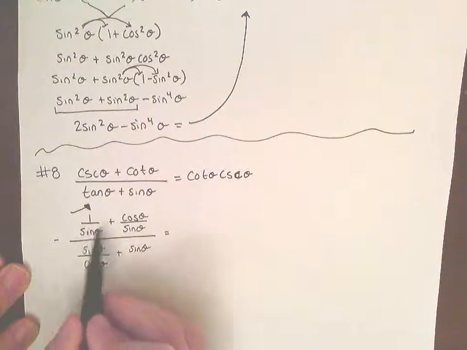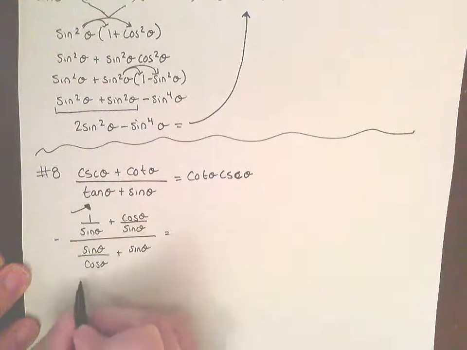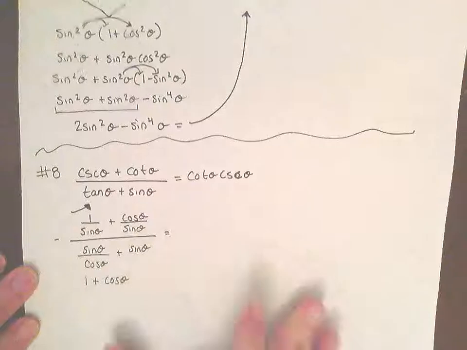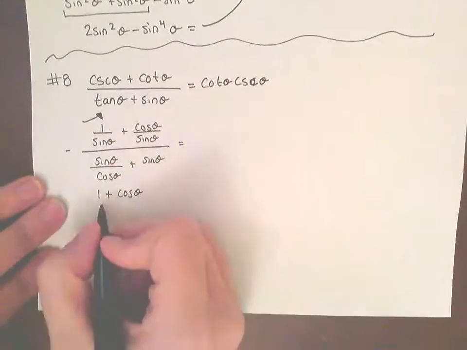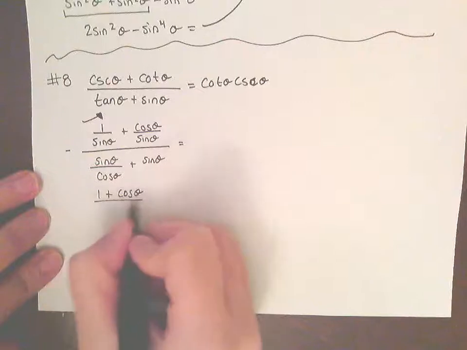Alright, so up top, you notice I have the same denominator, so I can just combine these into 1. So this becomes 1 plus cosine of theta over sine of theta.